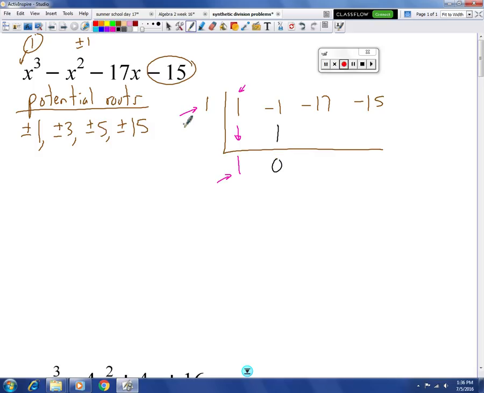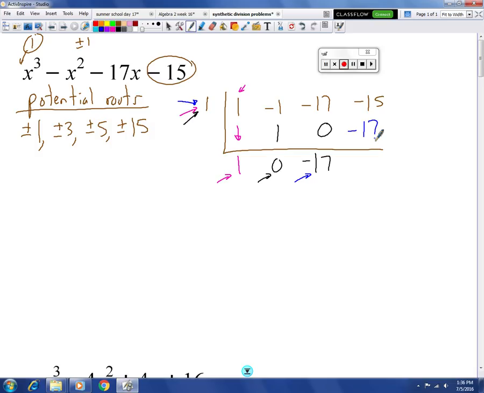Now I go back to this divisor out there, which is a positive 1. Multiply that by a 0. I get a 0 right there. Put that underneath negative 17. I combine those two numbers and get a negative 17. And then go back to this positive 1 on the outside. Multiply it by that negative 17. I get a negative 17.